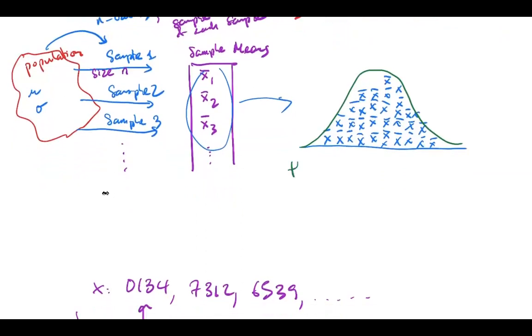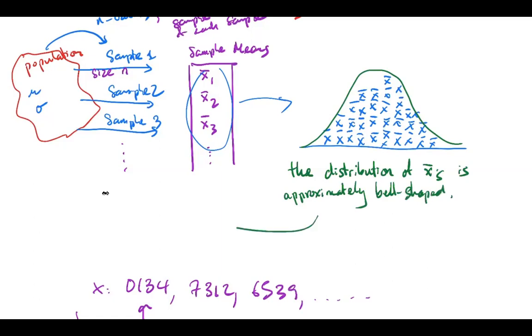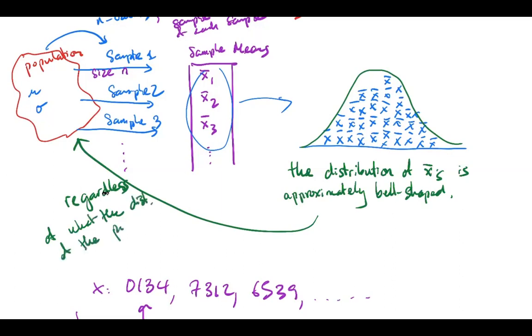So we say the distribution of all these x bars is approximately bell shaped or normal, regardless of what the distribution of the population might be.